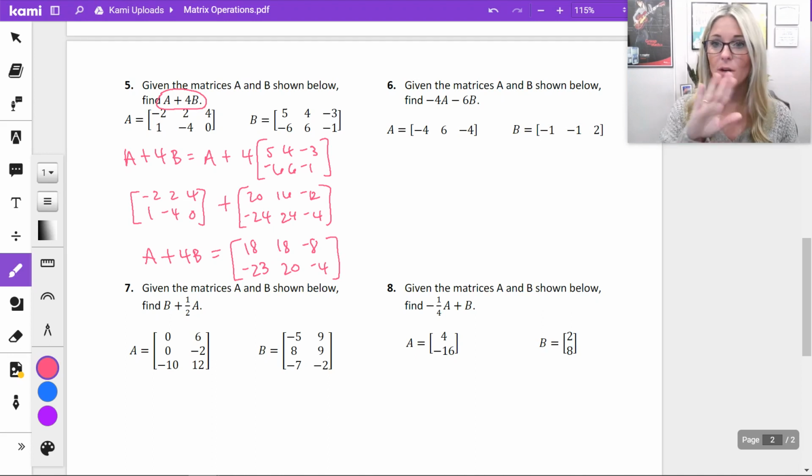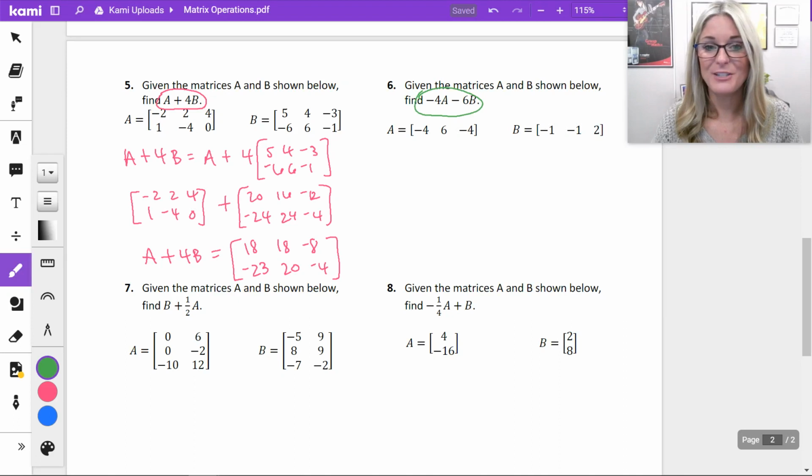Okay, so we had A plus 4B. Went ahead and did that scalar multiplication first, the 4 times the B matrix, just multiplying every element by 4. And then we finished with that addition, adding those together, the A matrix with that new B matrix after the scalar multiplication.